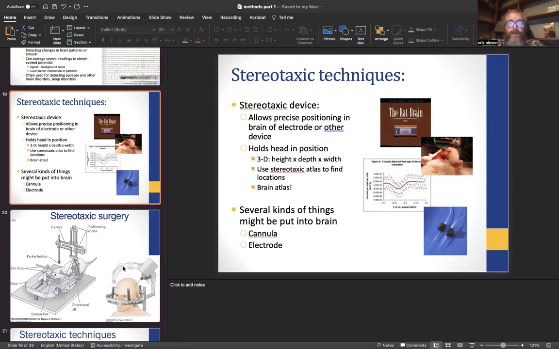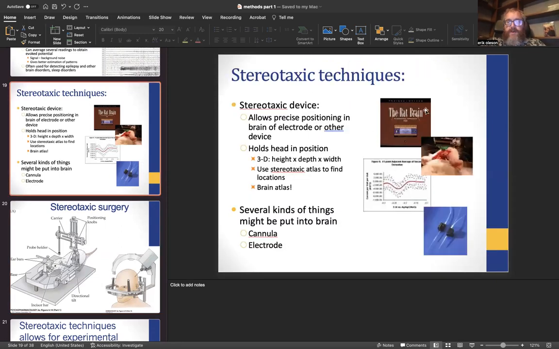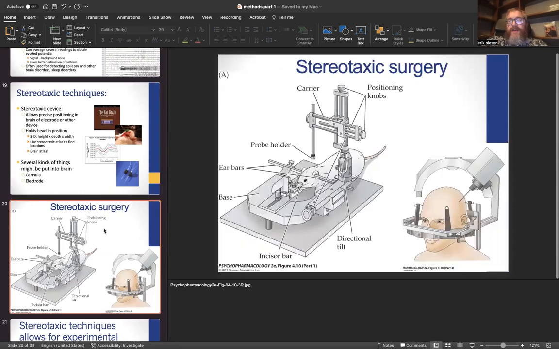One of the big differences is that in animals, we use brain atlases that have been averaged over a lot of animals. So we can say, if we want to go into the caudate in the rat, we would drill over this area and drop this many millimeters, and that's where we would leave it.